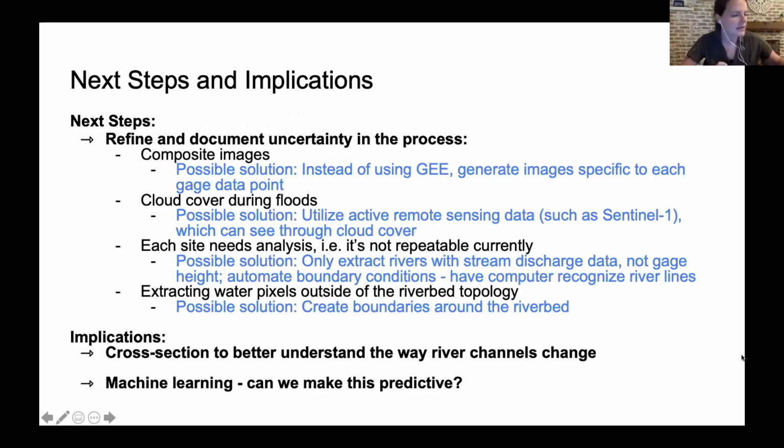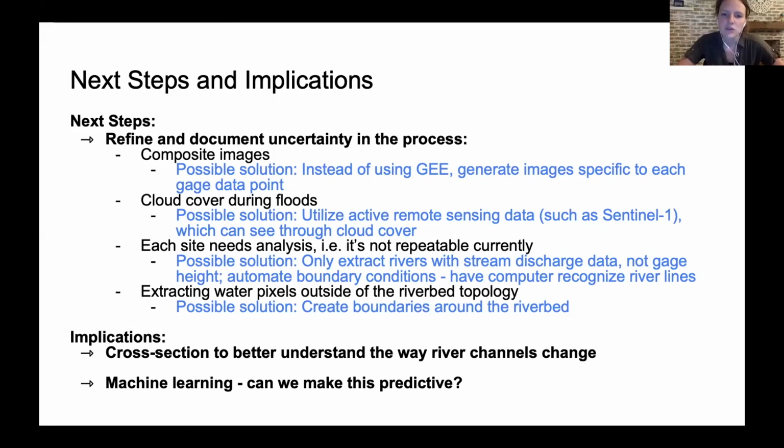All right, and then the next steps is addressing those uncertainty sources that I talked about on the last slide: using active remote sensing data for cloud cover, extracting stream discharge data and not necessarily using gauge height or getting one from the other.